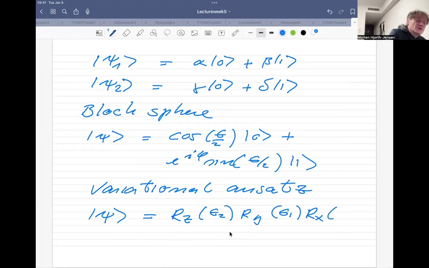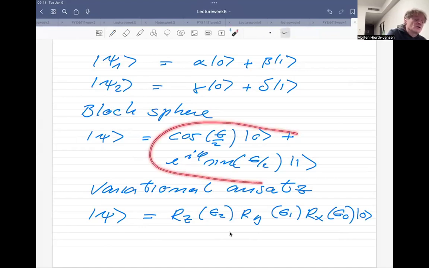So these rotations are taking place sequentially. So the first one would be a rotation around the x-axis, then on the y-axis and the z-axis. And we have initialized the system in a state 0. So by performing these operations, we're actually going to obtain a state which is going to look like this.